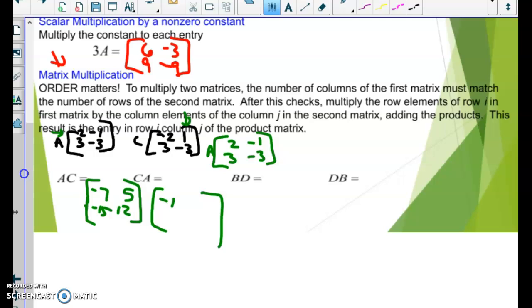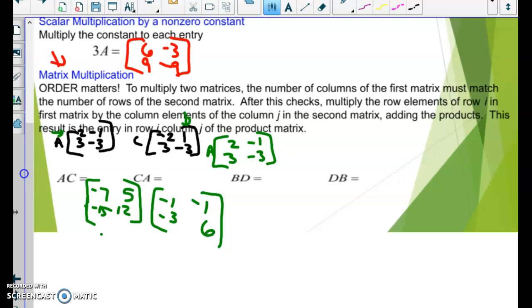First row times second column, I get negative 2 times negative 1 is 2, 1 times negative 3 is negative 3. So I get another negative 1. And second row times second column gives me 6 minus 9.